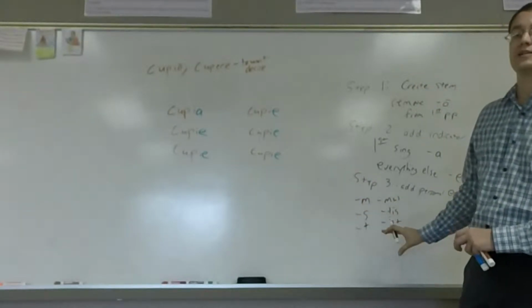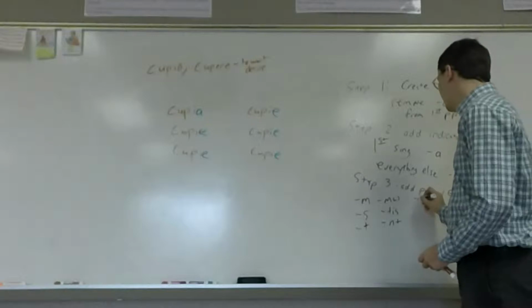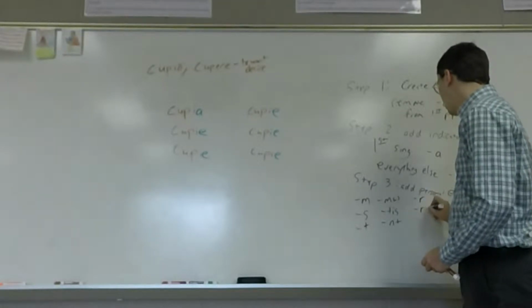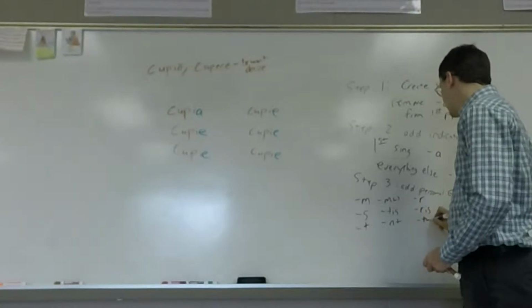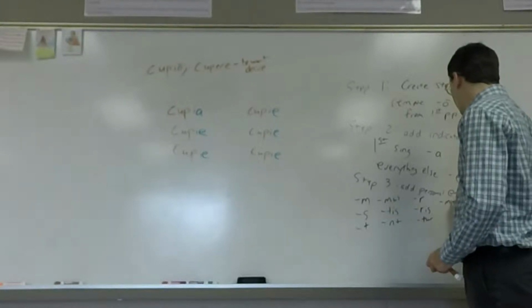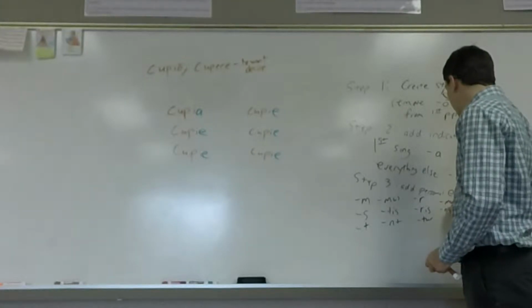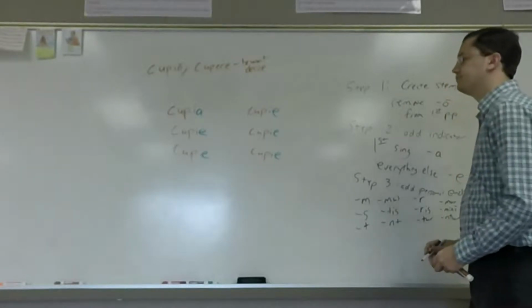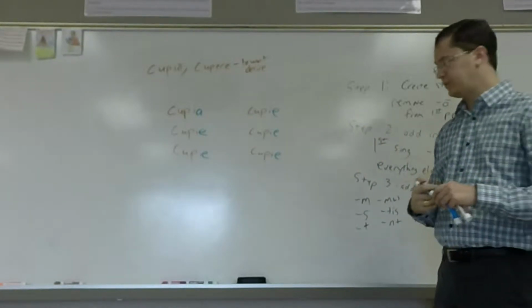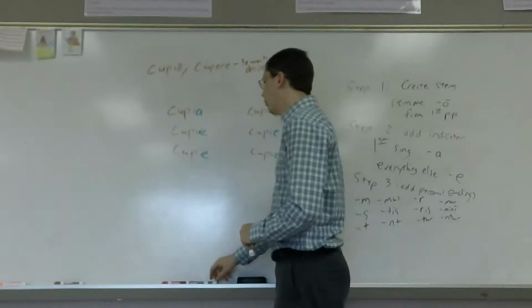That's if we're working with the active voice. If we're working with the passive voice, it's going to be the same ones we're used to, R, R-I-S, T-U-R, M-U-R, M-I-N-I, and N-T-U-R. At this point, we just simply add those letters in there, and we will be done.